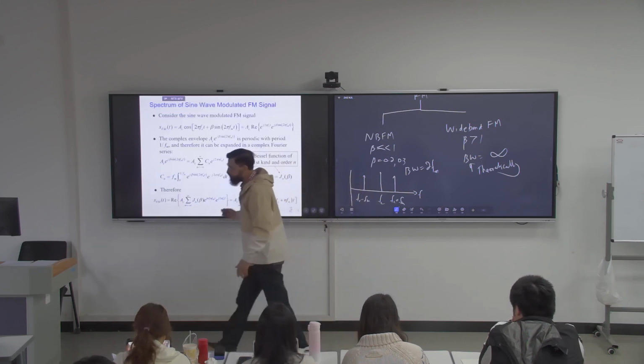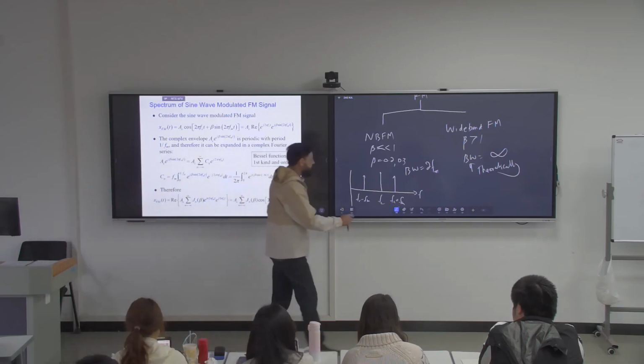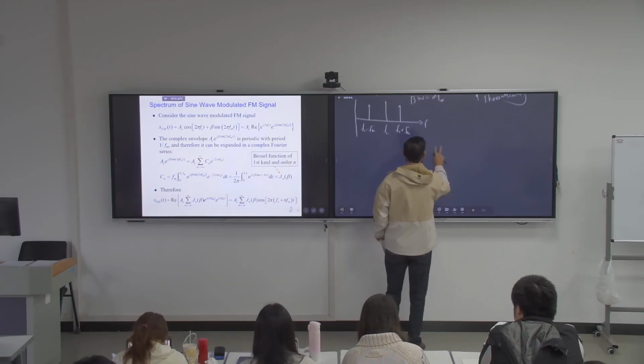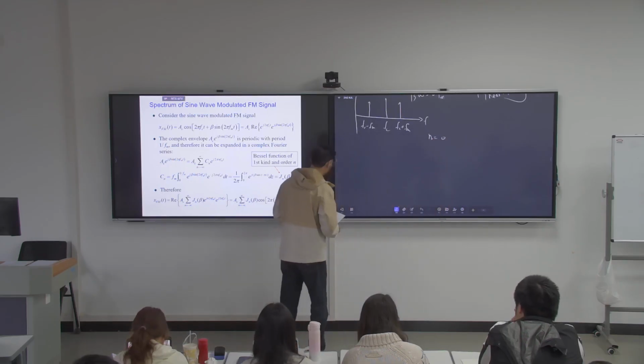So how would I draw this? How you can draw this, right? If you put n is equal to 0 in that equation, what do you get?